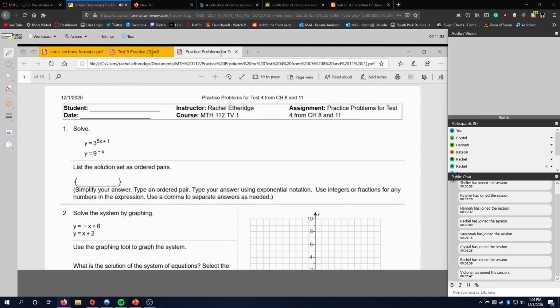Sometimes I have to use those two boxes to make it to where I can see more than one screen at a time. So what I have to do is make one of them smaller and then grab it up here along the top, and you can move it around.